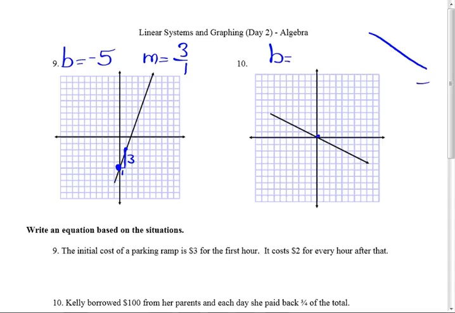You're not moving away from the origin, so B is what? 0. Slope is negative. What's the slope? You got to count. Well, let's see. Looks like it's this. So how many are we going to go down? -2. And you're going to go to the right. How many? 4. Which goes in the numerator?